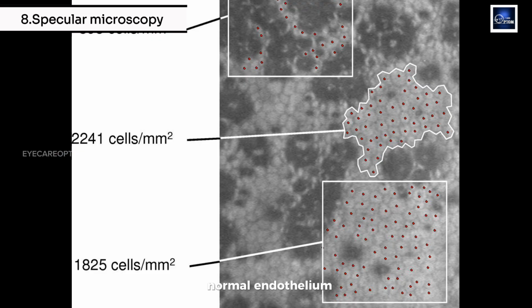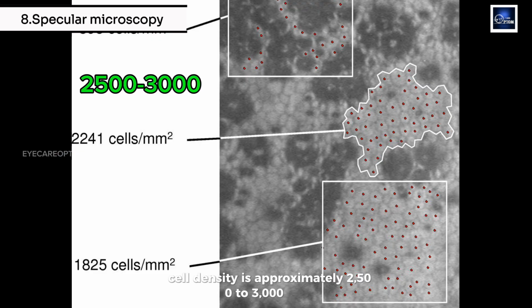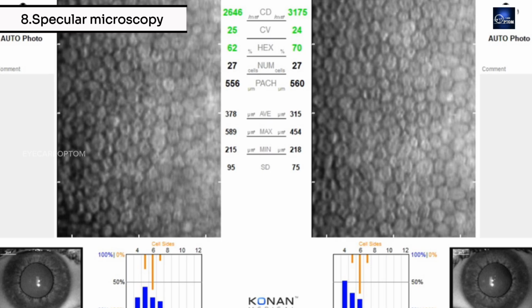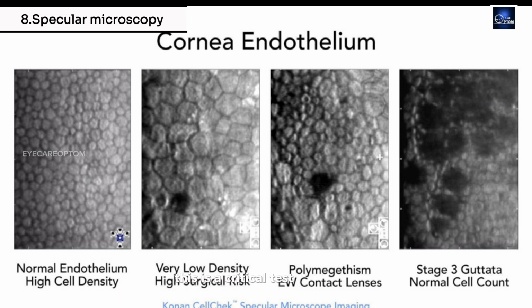Normal endothelial cell density is approximately 2500 to 3000 cells per square millimeter. A low cell count or irregular cell shape indicates endothelial compromise, which can lead to corneal edema and vision loss. This is a critical test before any intraocular surgery and for monitoring contact lens related endothelial damage.